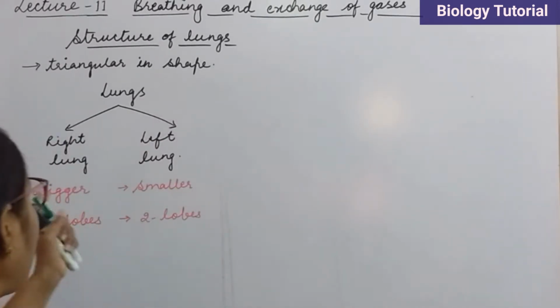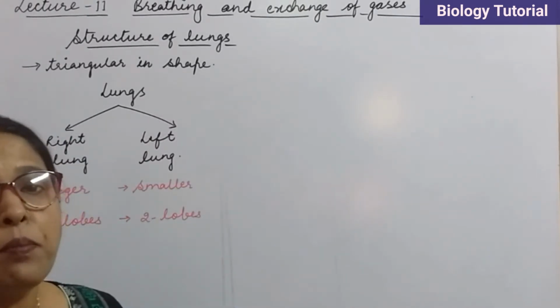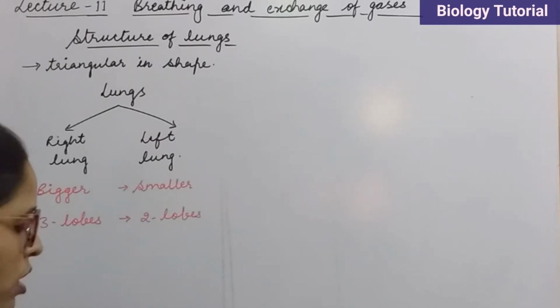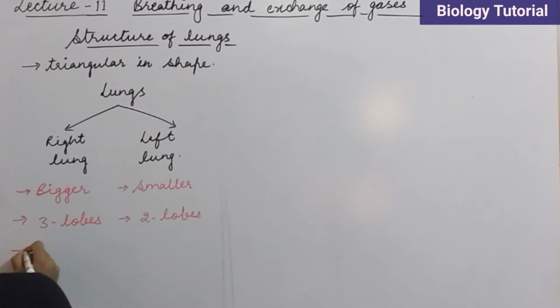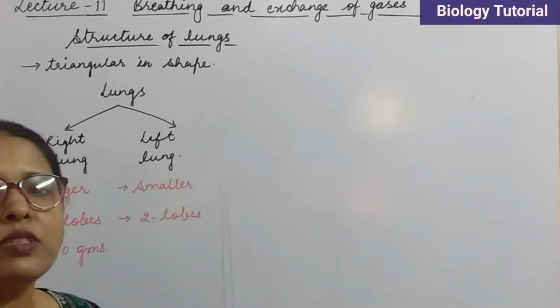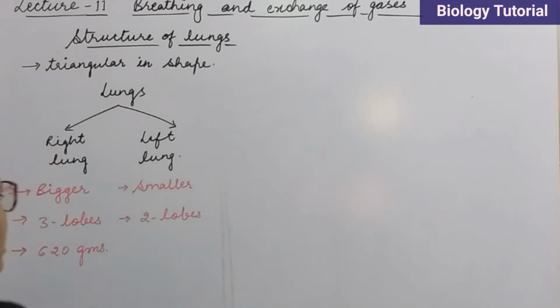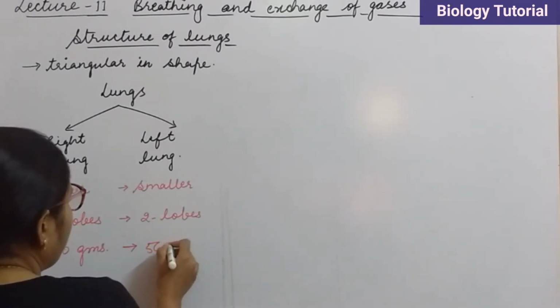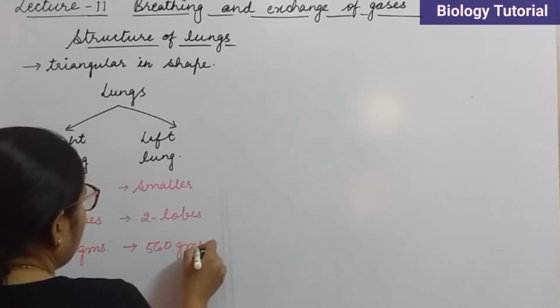As the right lung is bigger, it is heavier than the smaller one, and its weight is about 620 grams. It is heavier than the left one, and the weight of left lung is about 560 grams.